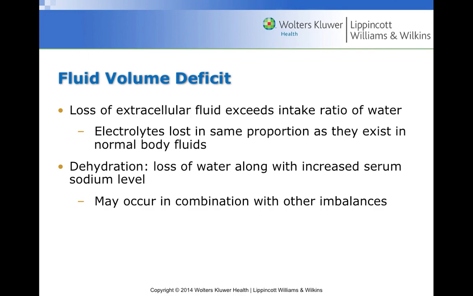Additional causes include diabetes insipidus, which is that decreased ability to concentrate urine owing to a defect in the kidney tubules that interferes with water reabsorption, adrenal insufficiency, osmotic diuresis, hemorrhage, and even a coma.